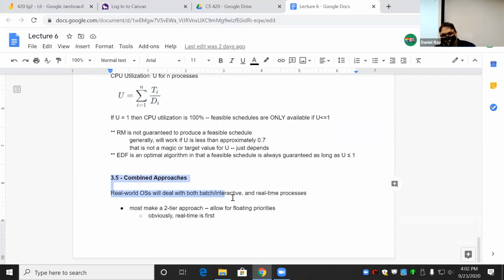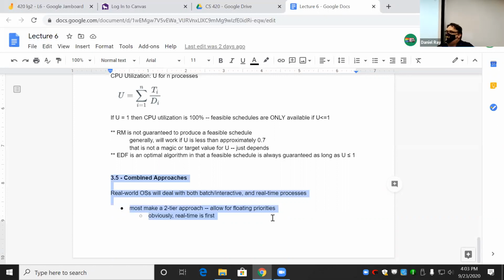All right, I'm going to skip talking in detail about section 3.5, but that doesn't mean you're not responsible for it. You do have to read that section. And 3.5 does a lot of work to answer your question about what Windows 10 does, because in the real world, you usually use a two-tier approach at least, because you're going to have real-time processes and you're going to have interactive and batch processes, and they need to be treated differently.